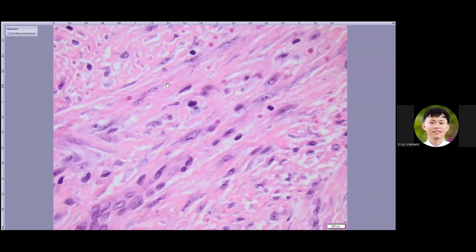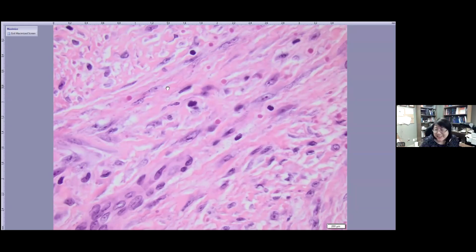Yes. That might be inclusion body fibromatosis? Very good, very good. Yeah, WHO calls it inclusion body infantile digital fibromatosis. This is diagnostic, those inclusions. And those inclusions, in some lesions, there are many, sometimes rarely found. This one, we are lucky to have so many.